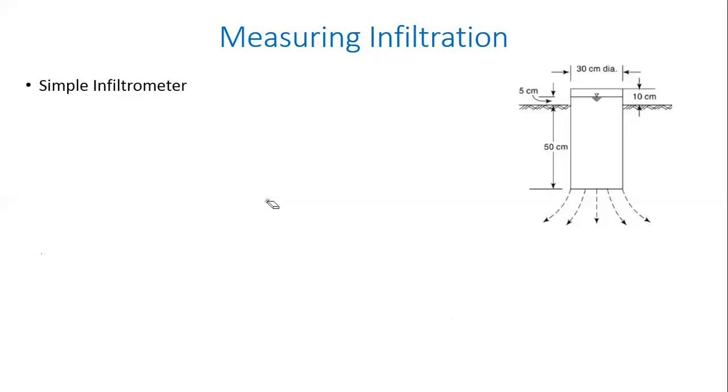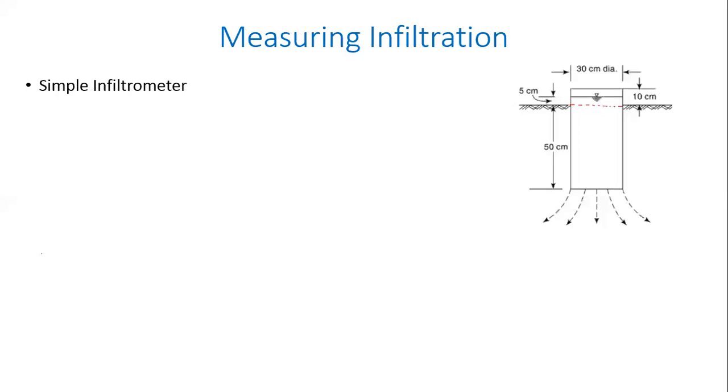Okay, sorry. So we drive this into the soil up to a depth of about 50 centimeters from the land surface. Then we start filling up water. So this red dotted line that I've drawn is the land surface. And then we pour water up to a height of about 5 centimeters above the land surface, and then we let the water infiltrate. We keep adding water at some intervals of time to ensure that the water level always stays at 5 centimeters, right?